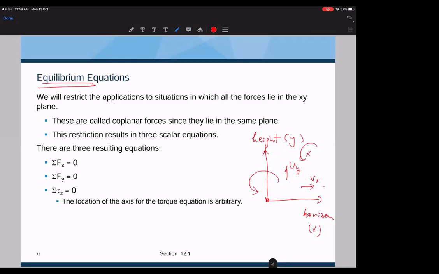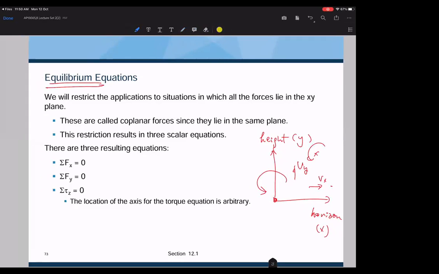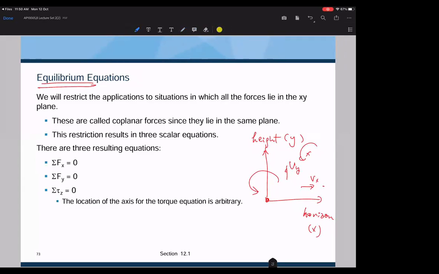So what it means is there would not be any motion in the X direction, no motion in the Y direction, and no rotation at all about any axis that goes along the Z direction. So that is why you will see the three equations here. The first one and the second one are quite straightforward to understand because there is no motion in the X and Y direction.